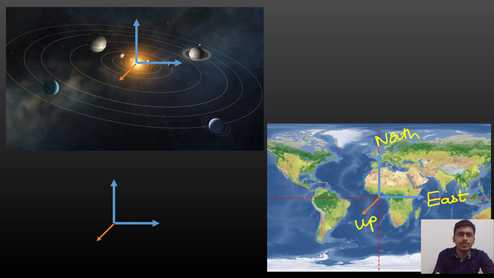Or I cap, j cap, k cap need not be east, north, and up. It can be a different direction altogether, depending on the context. So I cap, j cap, k cap in a celestial plane can be these directions.